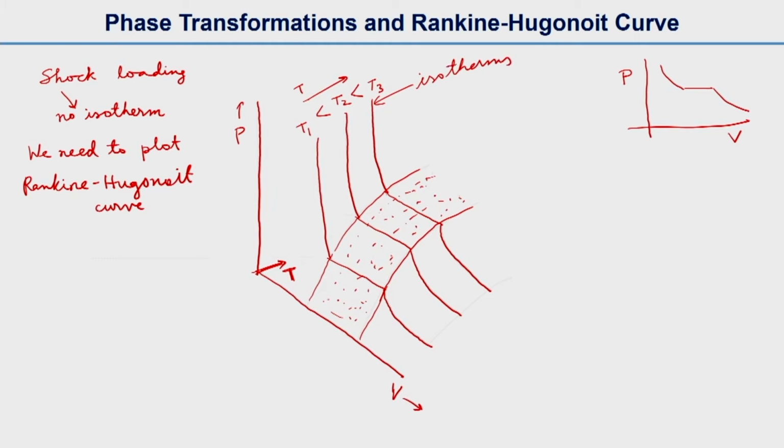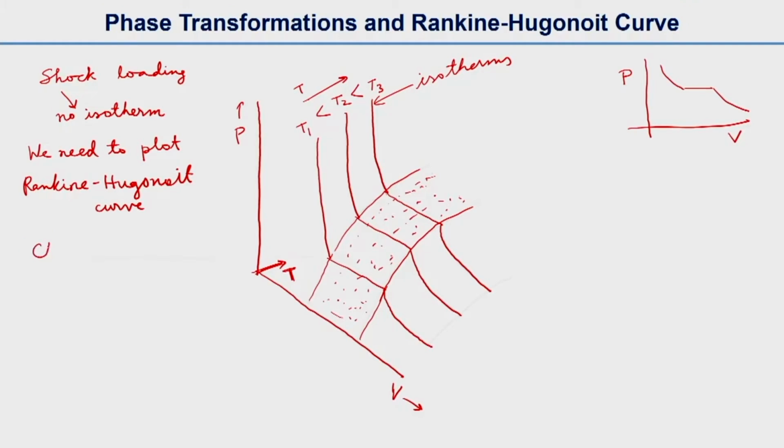If you remember the earlier lecture, we have seen the Clausius-Clapeyron relation: dP/dT is equal to the change in entropy, delta S, divided by the change in volume.